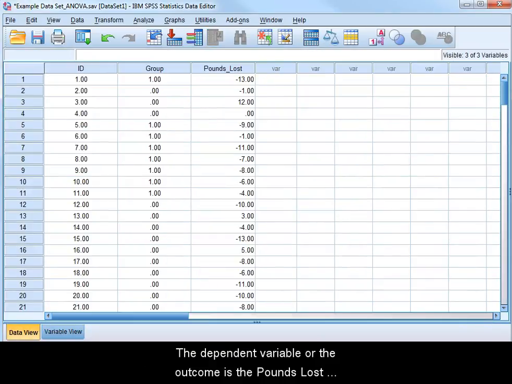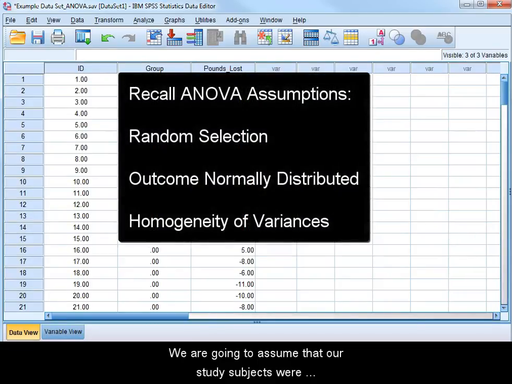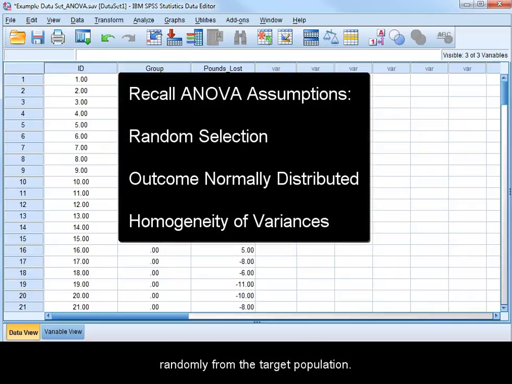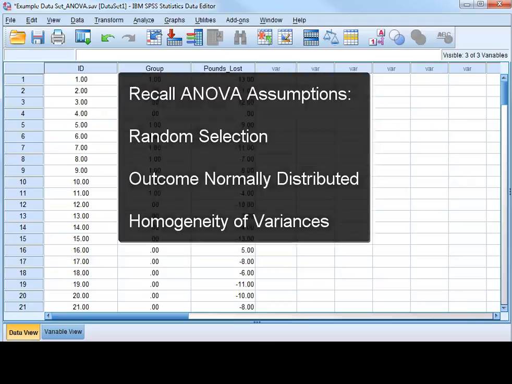The dependent variable, or the outcome, is the pounds lost over the course of the study. We're going to assume that our study subjects were randomly selected from the target population, but we have to test the outcome for normality and make sure that pounds lost is normally distributed in each of these 3 study groups.